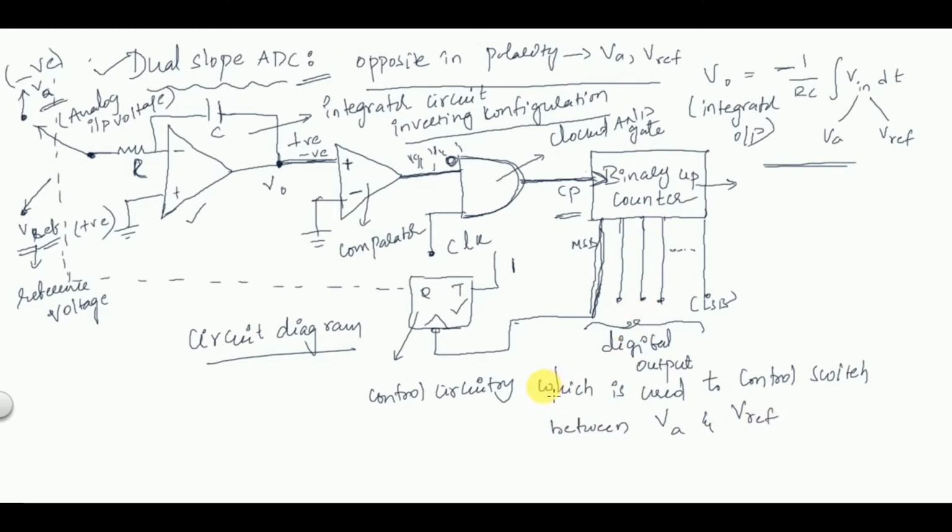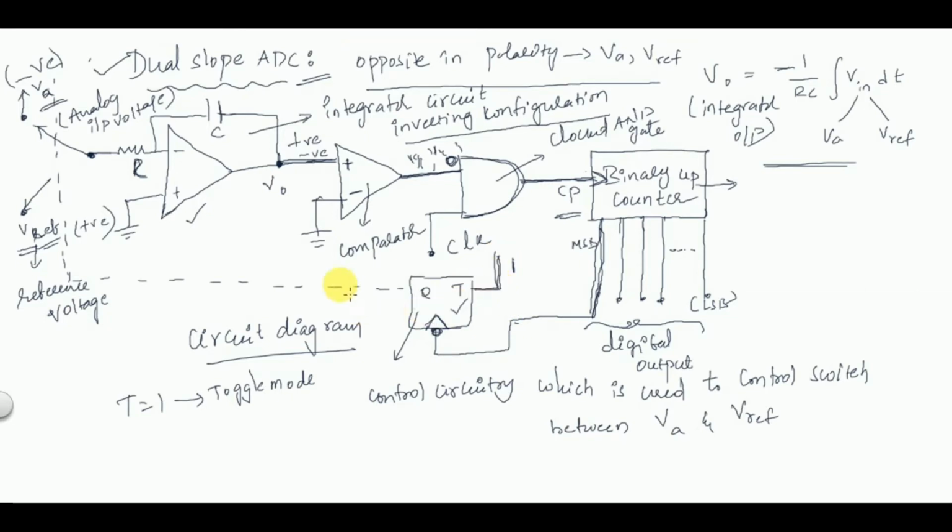Since T is equal to 1, the T flip-flop is always in toggle mode. Toggle mode means it switches its value once the clock pulse is high.